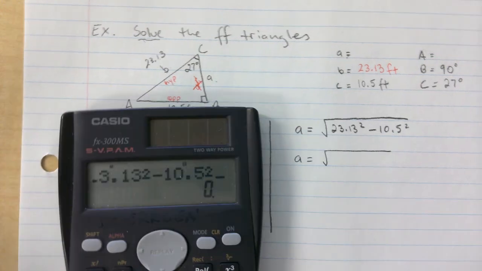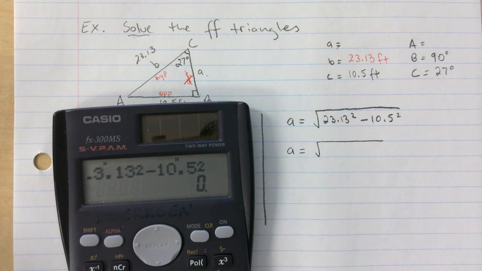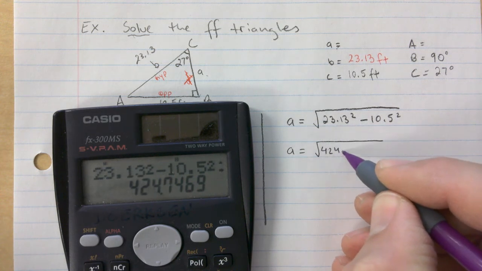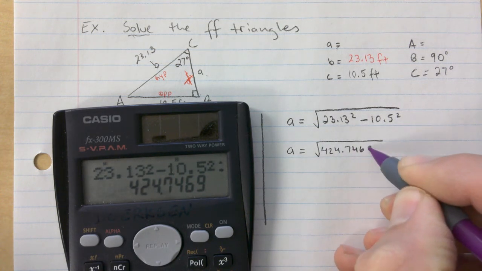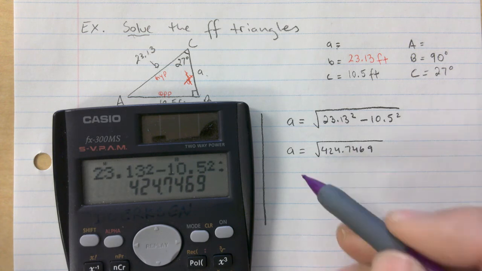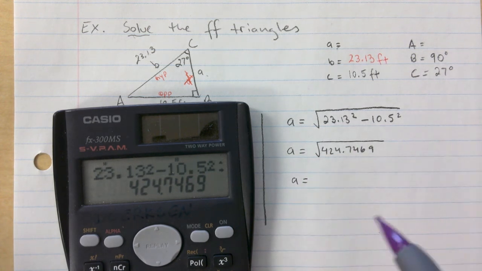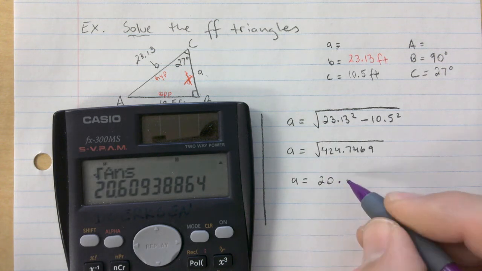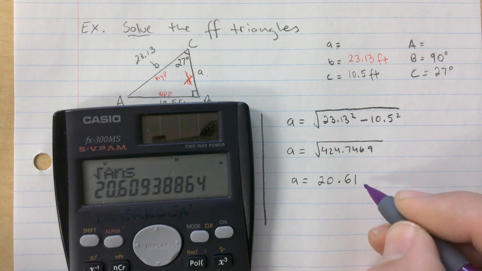So watch here. 23.13 squared minus 10.5 squared equals 424.7469. A is equal to, take the square root of that, 20.61 feet.